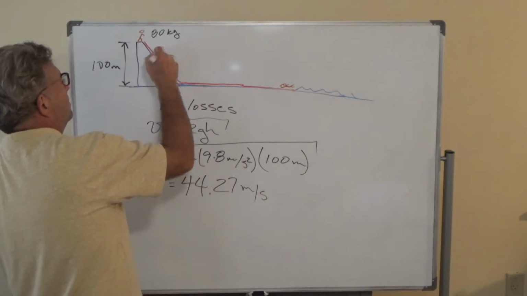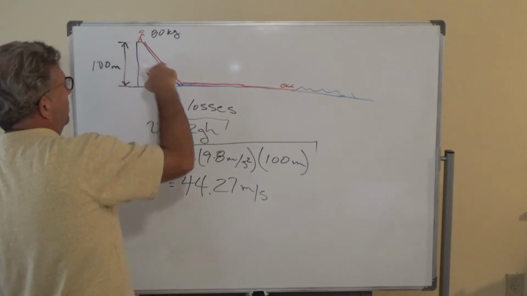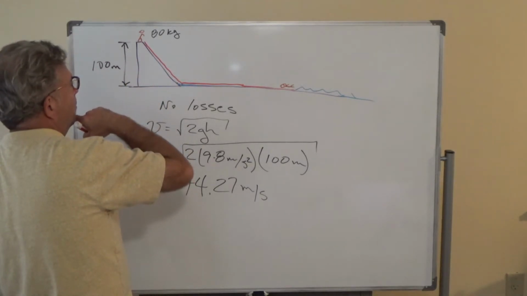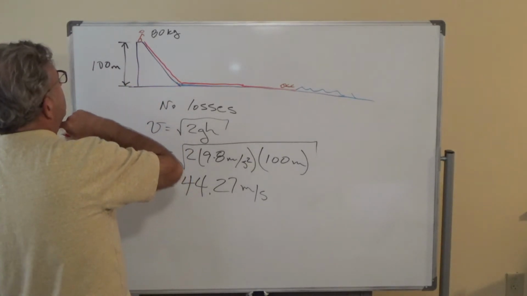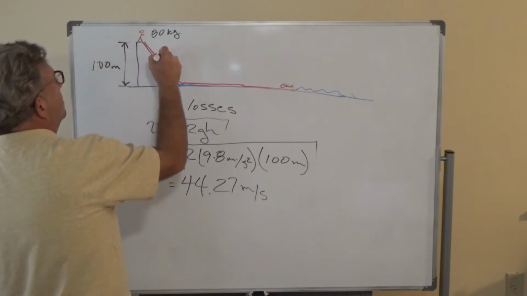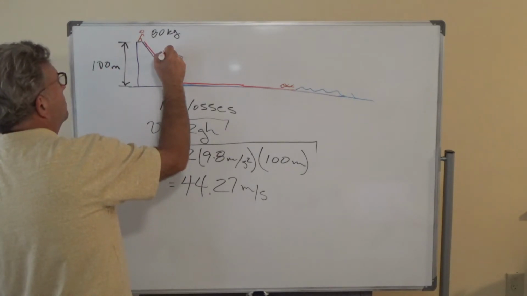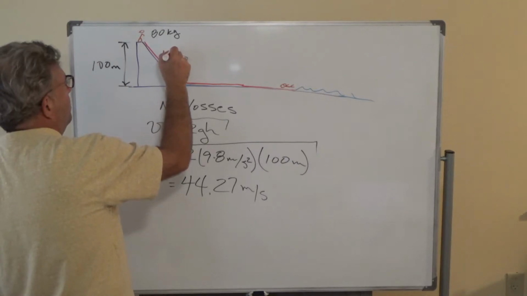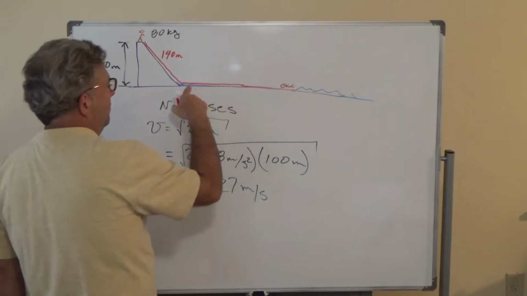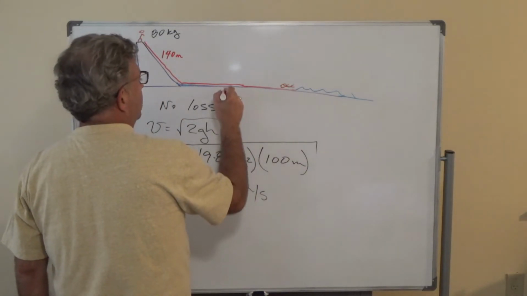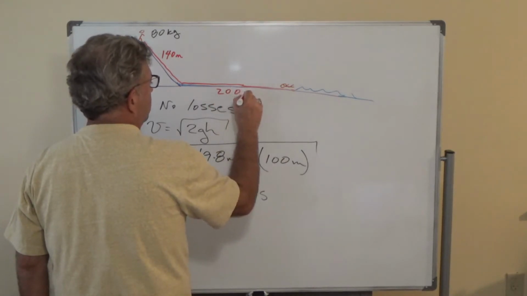This is about 100 cosine of 45, which is, let's say, 140 meters. And then this distance is another 200 meters.